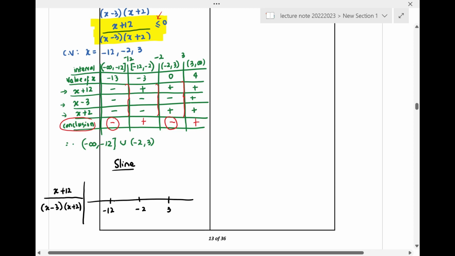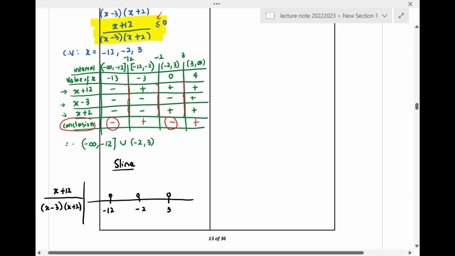Okay, so up on the critical values, I would like you to put already the symbol, whether it is a dense circle or an open circle. Okay, so I said to you earlier, the critical values in the denominator will always be open. So for negative 2 and 3, they will always be open. But since the question is for closed one, negative 12 is in the numerator, so it will be a dense circle.